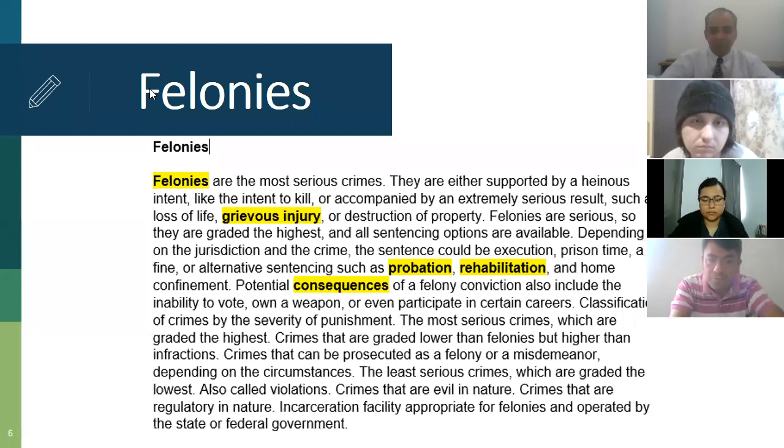The least serious crimes, which are graded the lowest, also called violations, crimes that are regulatory in nature. Incarceration facility, appropriate for felonies and operated by the state or federal government.